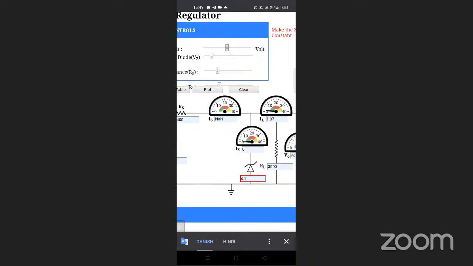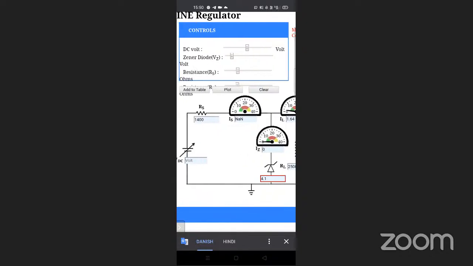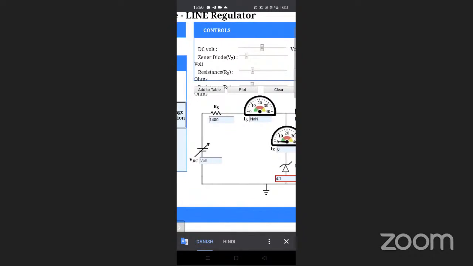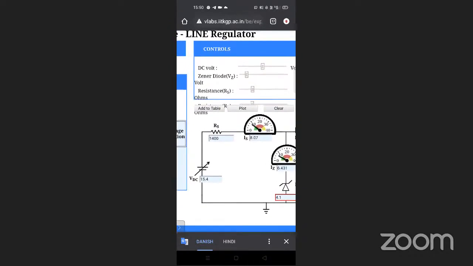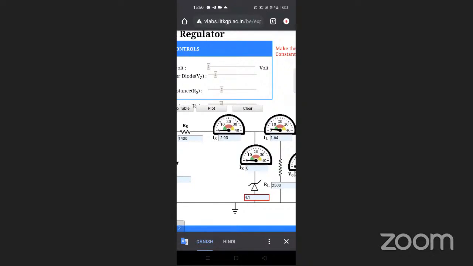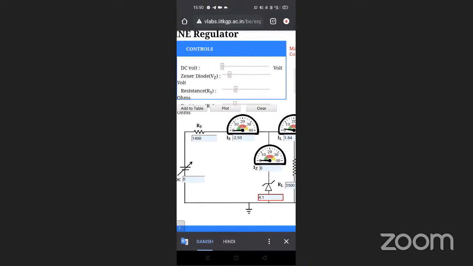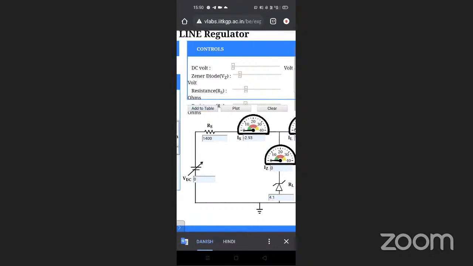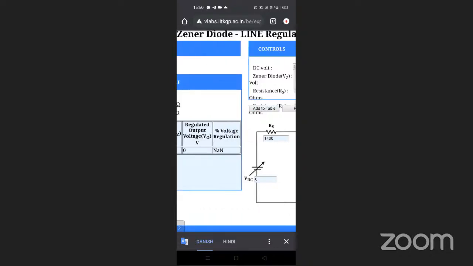Load resistance we will keep at 2500, and now we will vary our input voltage. We will start from 0. Here our Zener diode is not working. Now we will add this to our table and take the readings.